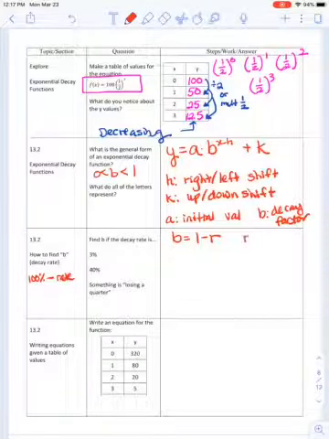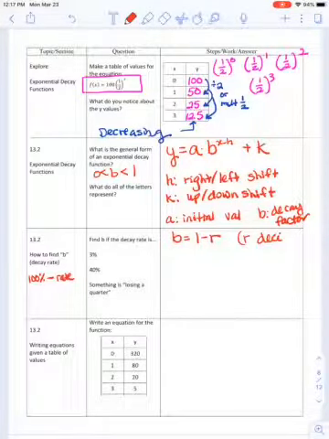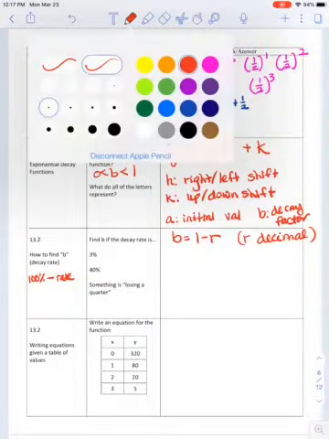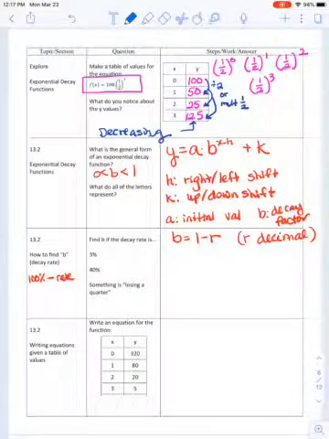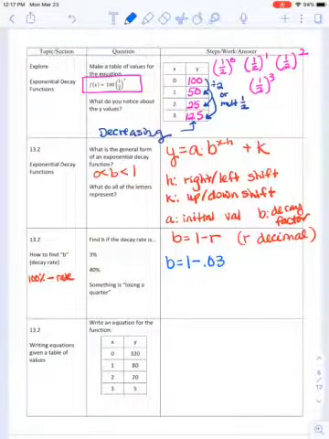And r is a decimal. So in here, for 3%, b is going to equal 1 minus 0.03, or 0.97, 97%.